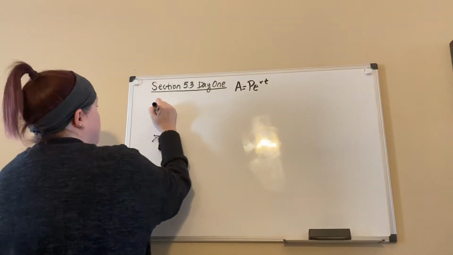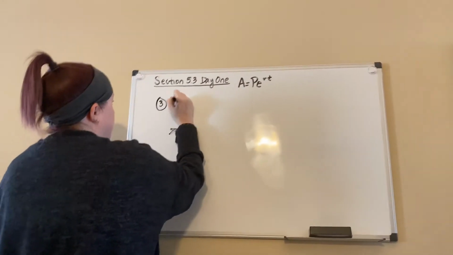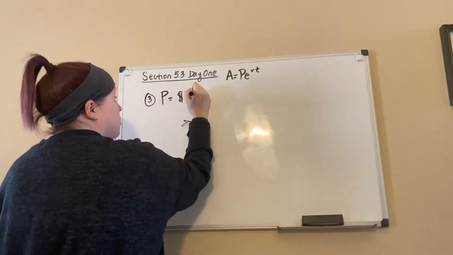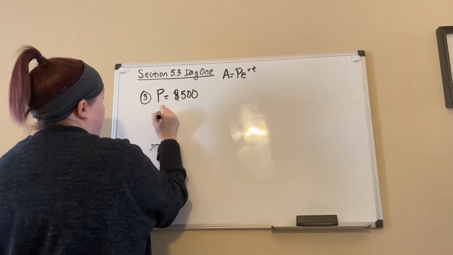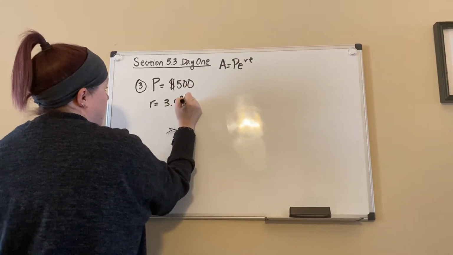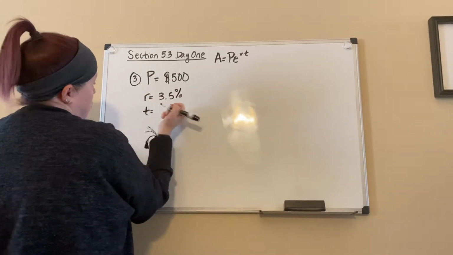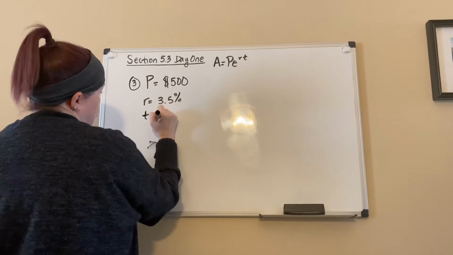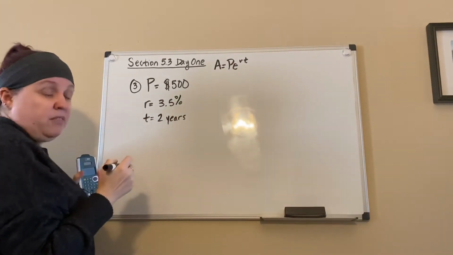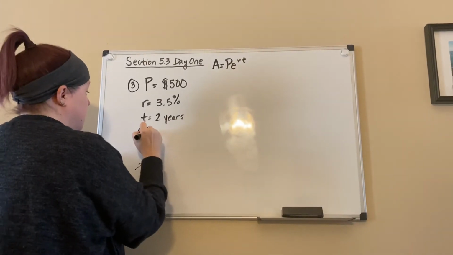So let's say for problem number 3, I was given a principal value of, let's just go back to $500, a rate of 3.5%, and a time value of, let's say, 2 years. What they're going to say in the problem, instead of an n value, they're going to say the word continuously.